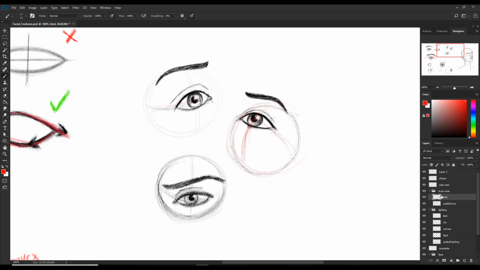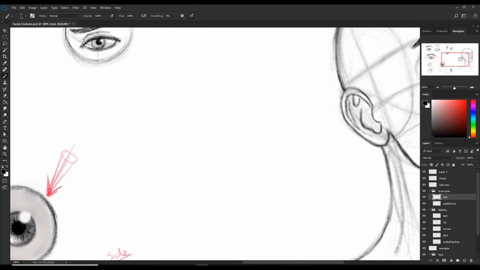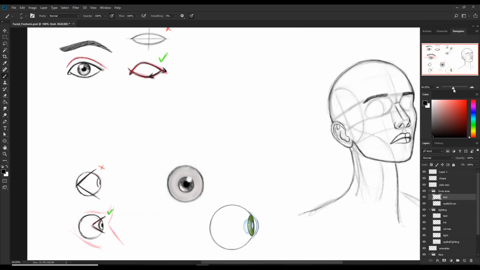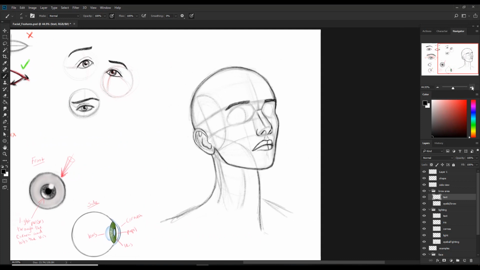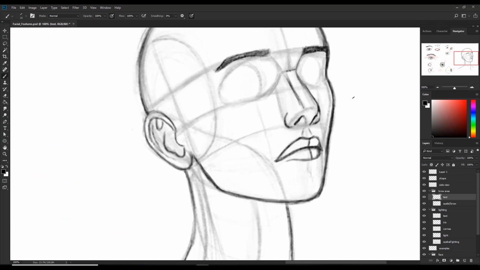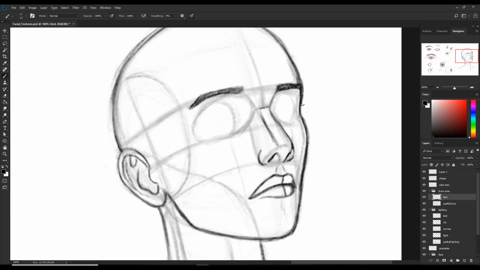But now let's take everything that we've learned and apply it to our face. So here we have our head from earlier. So we'll start the inner corner with a short curve to a long curve.